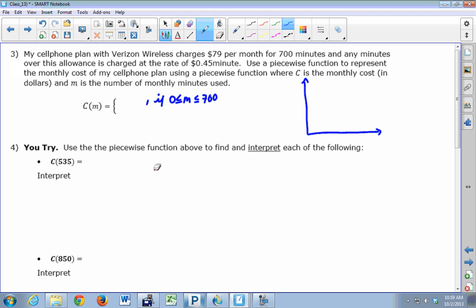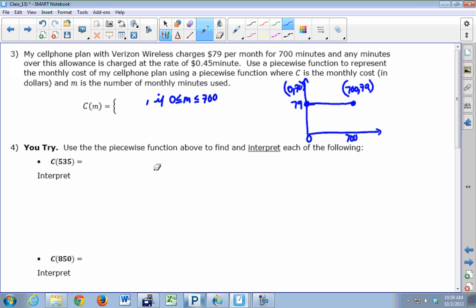So there's my first part of my domain from 0 to 700 minutes. And at 0 to 700 minutes, even if I didn't talk at all that month, I'm still going to be charged $79. And at 700, I'm $79. Okay, so those are solid dots. And then I have a horizontal line that represents the constant.